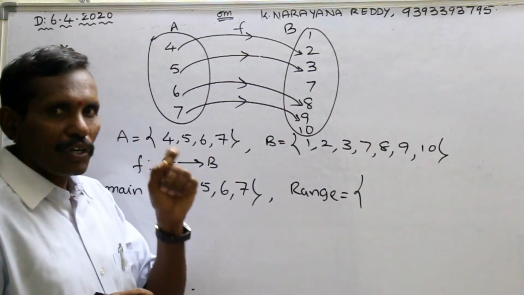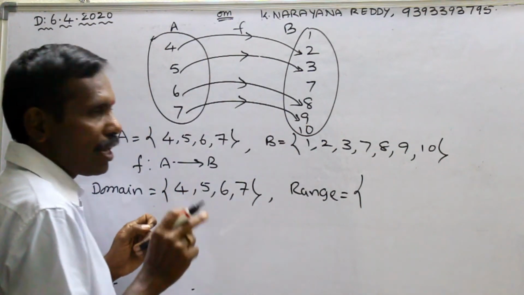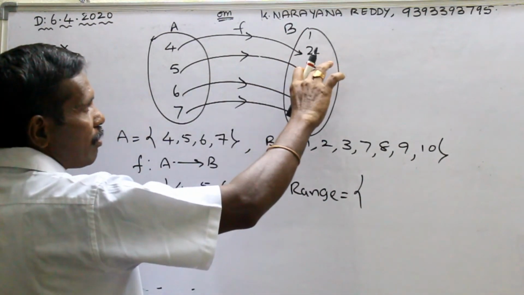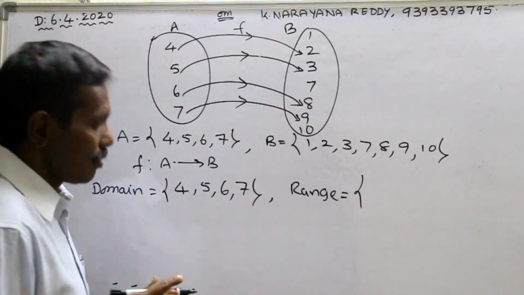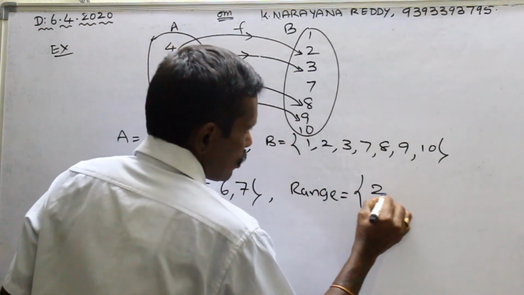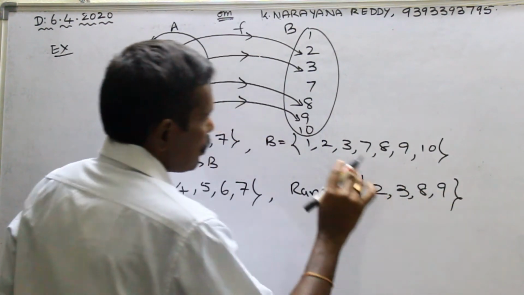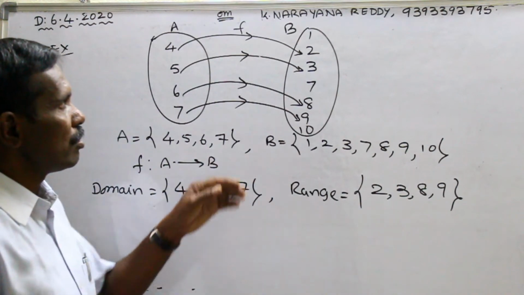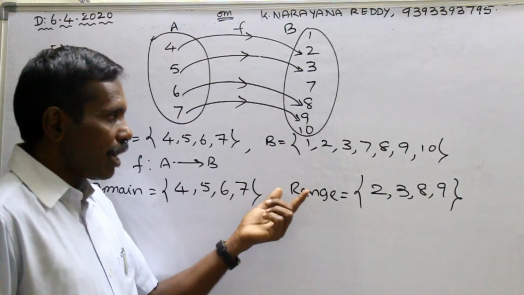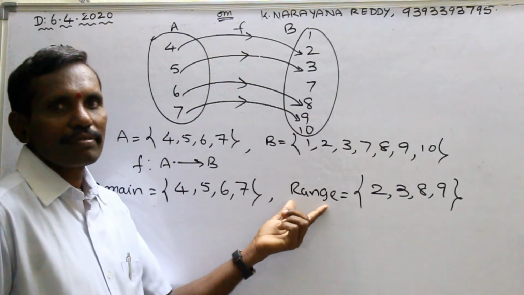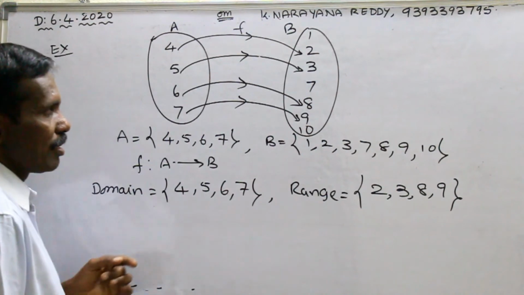That is an important point which you have to observe. So only 4 values are there in output. Yes or not? 2, 3, 8, 9. These are output values belonging to set B. Those values are range values. That's all. That is an important point which you have to observe carefully.